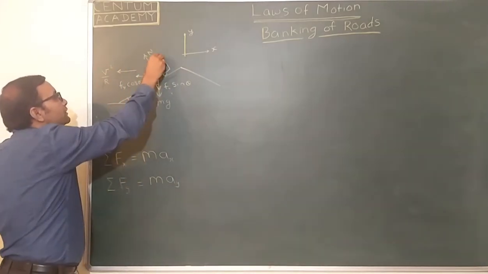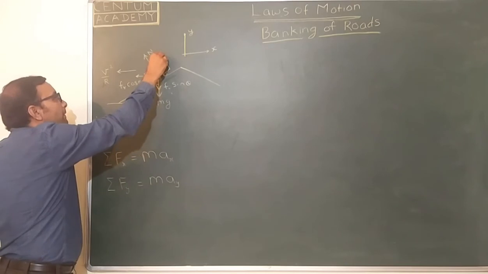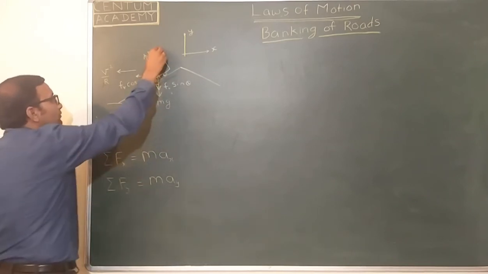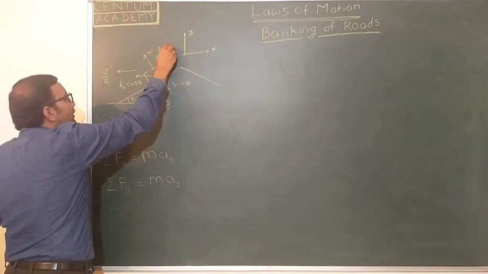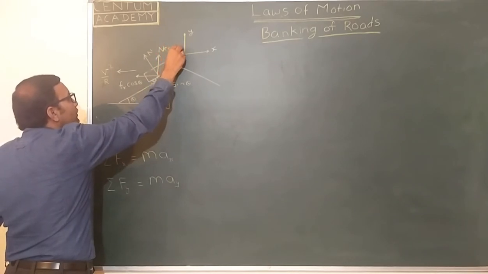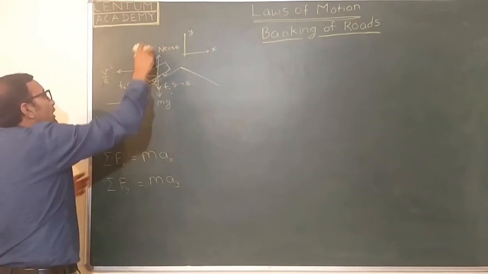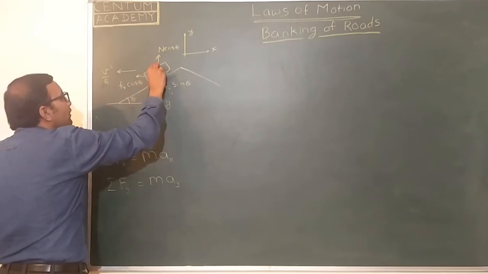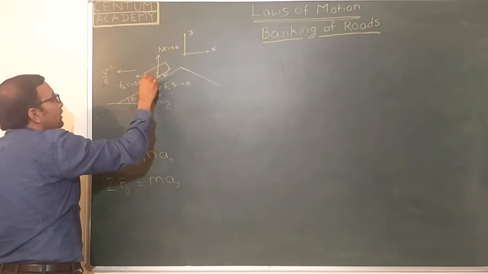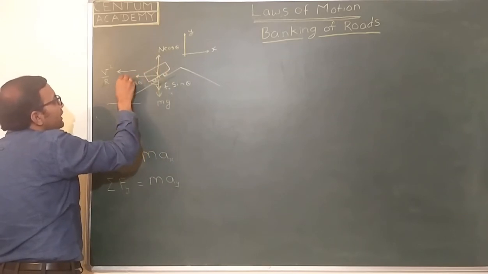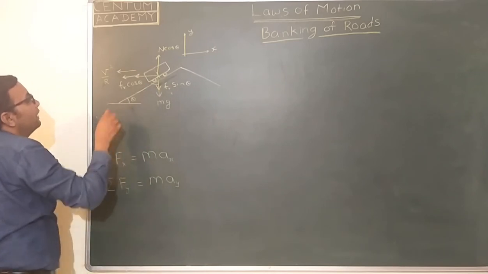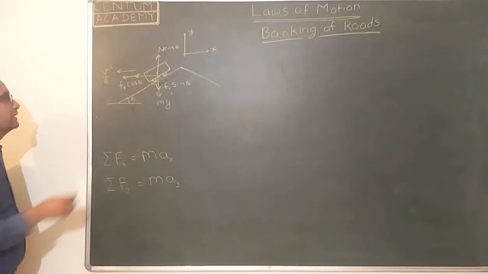Now normal reaction along this direction will have a component of n cos theta, and along this direction it will have a component of n sin theta.